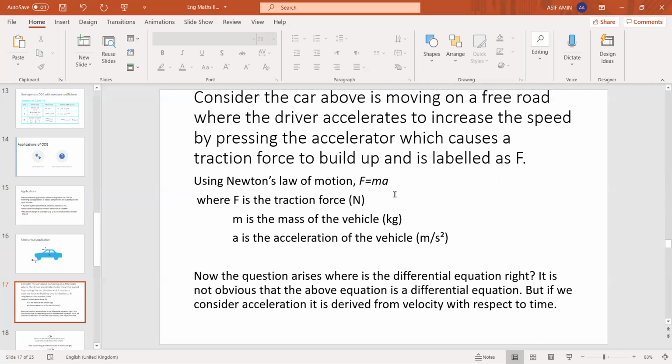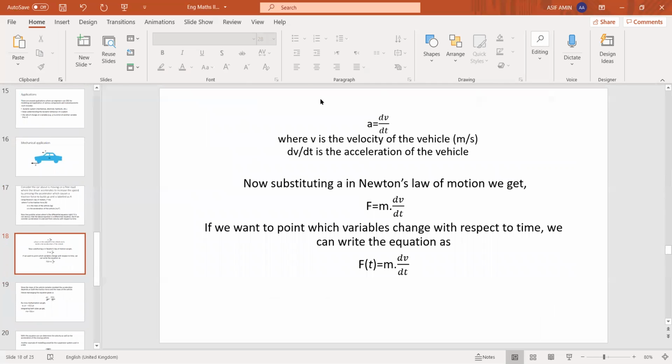Now, we know that acceleration is given by the rate of change of velocity, right? So we can say that a equals dv over dt, where v is the velocity of the vehicle and dv over dt is the acceleration of the vehicle. Now, if we substitute it in Newton's law of motion, we get F equals m times dv over dt.